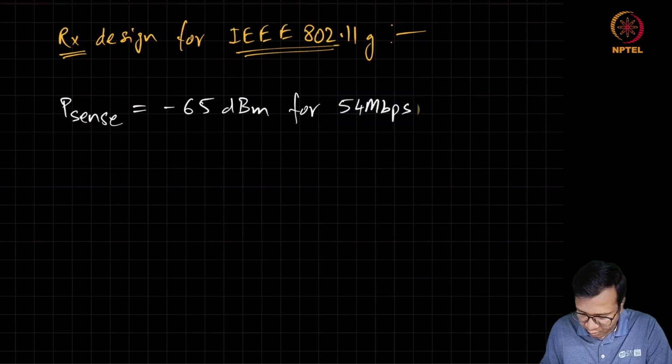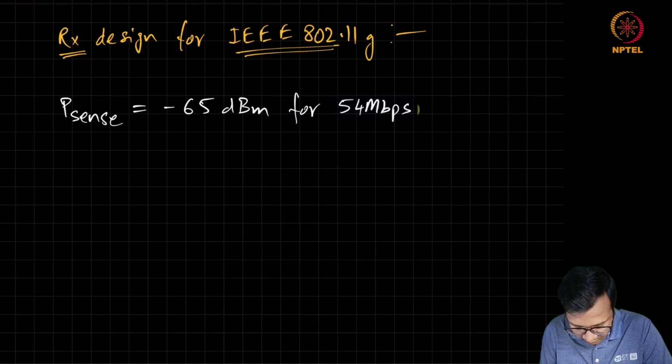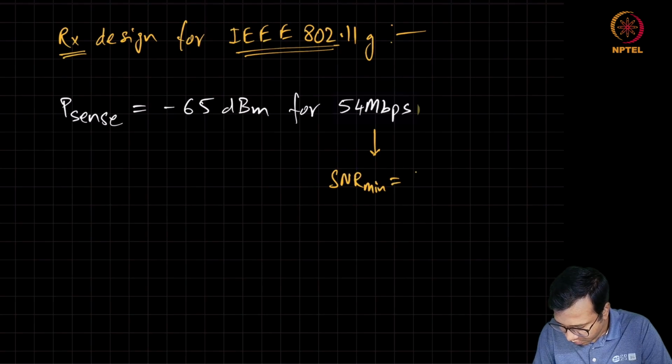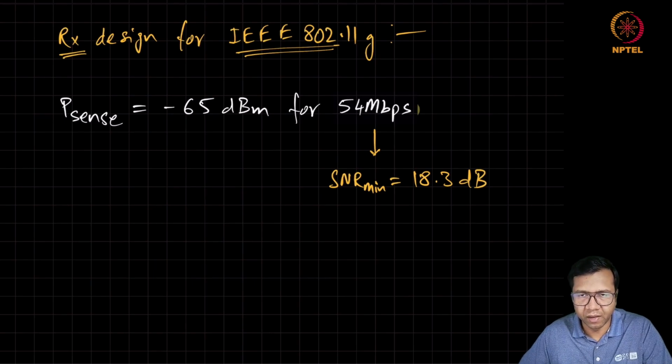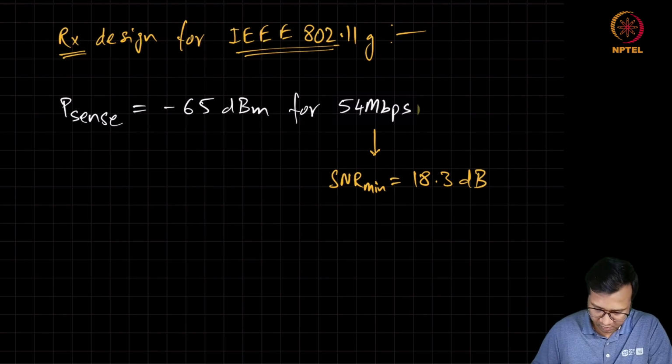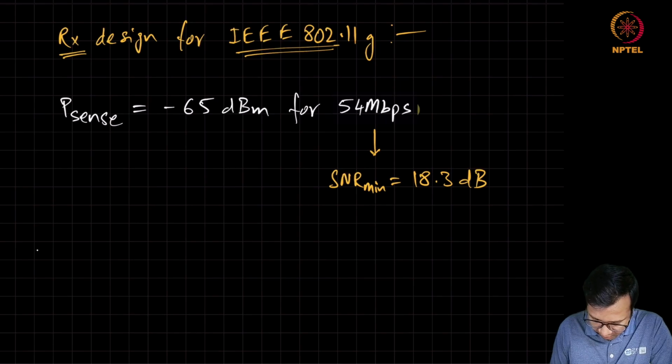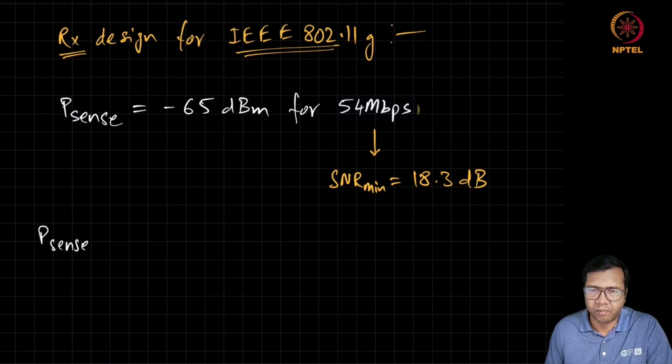And for this 54 Mbps, the minimum SNR given is 18.3 dB, so as to meet the error rate requirement. So we can find the noise figure of the receiver based on the specs given for 54 Mbps.